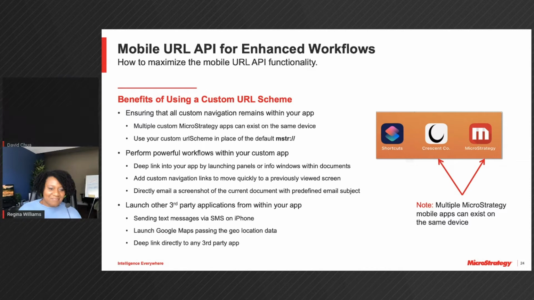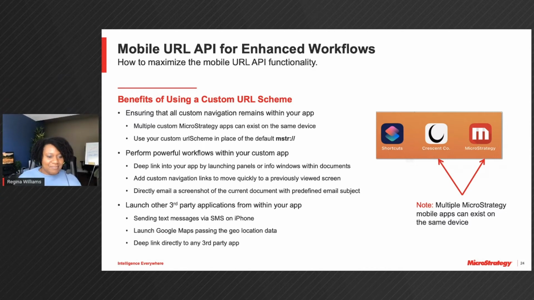Thank you, David. My name is Regina Williams, and I'm the manager of the SDK team and the senior mobile architect. As David mentioned, using the custom URL scheme in conjunction with the mobile URL API gives lots of benefits. The biggest one is ensuring that all of the navigation and workflow that you've defined stays within your app.